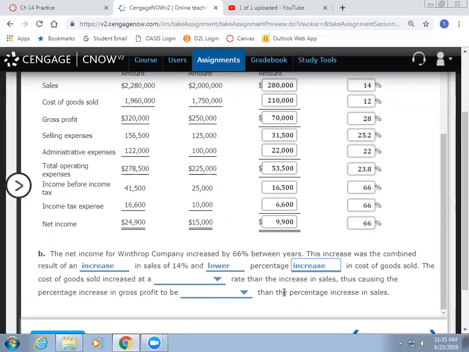So again, we were able to increase our sales without increasing cost of goods sold at the same rate. Maybe we upped our sales price, okay, would be a good way of looking at that.